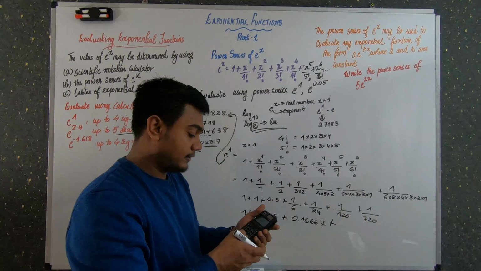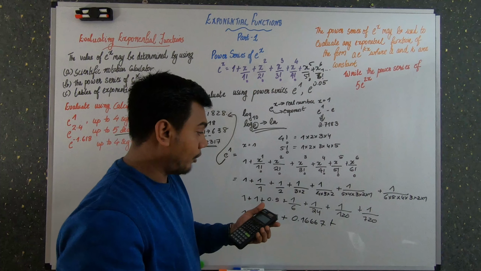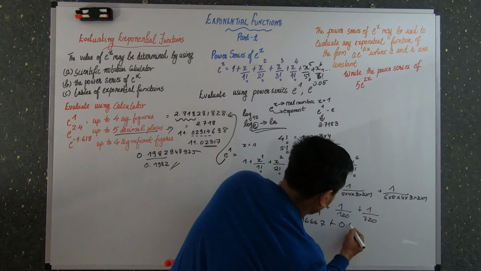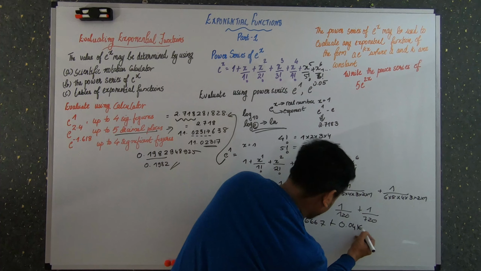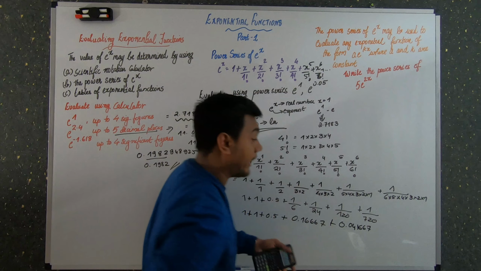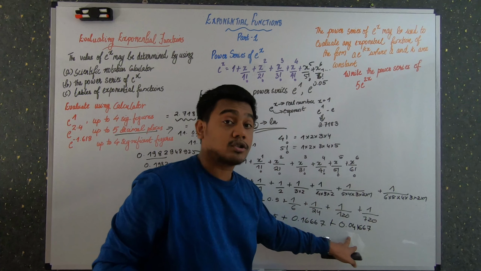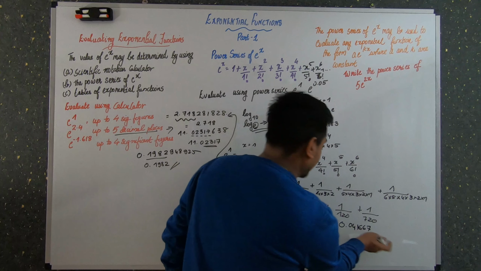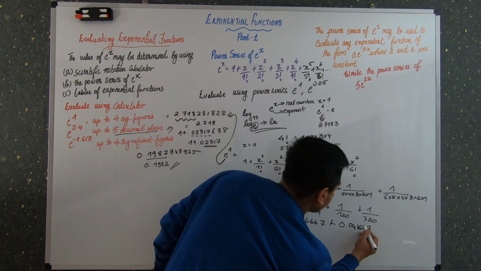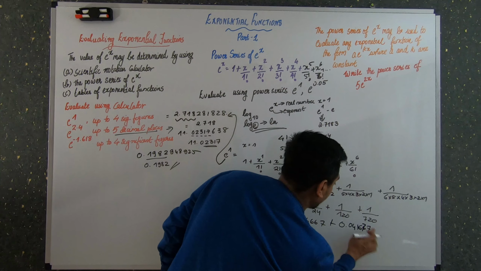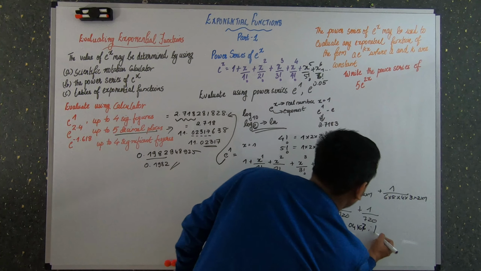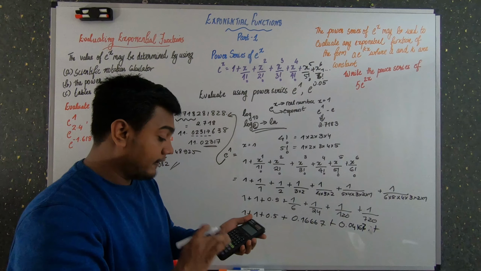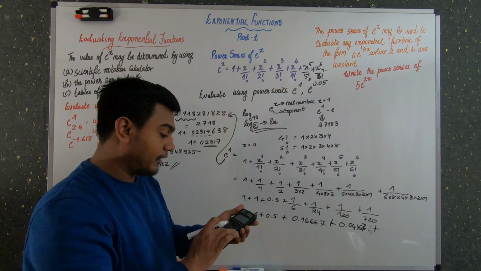That is 0.04167. I am again approximating it to 5 decimal places, so you will not have any confusion. Okay, now the next term is 1 divided by 120. What would be the value?